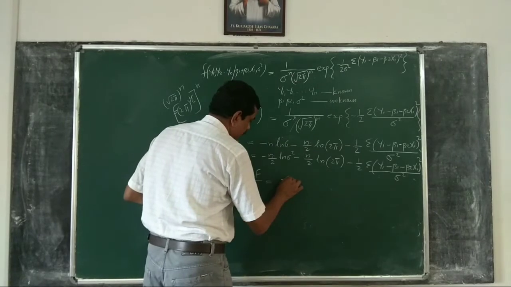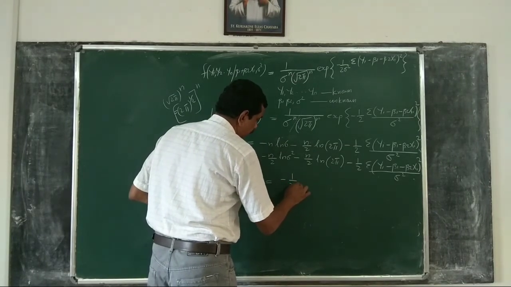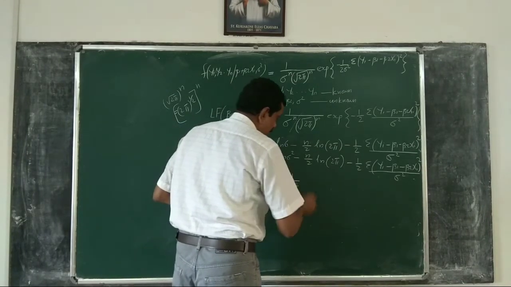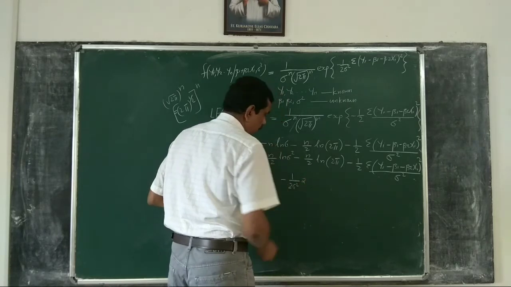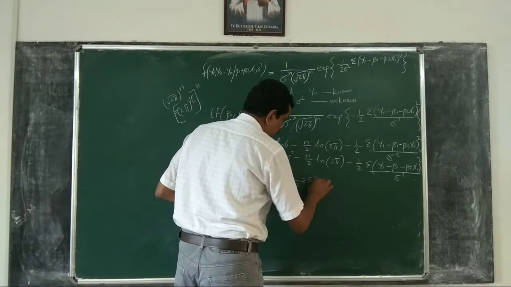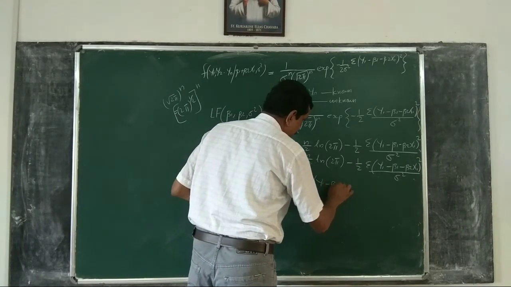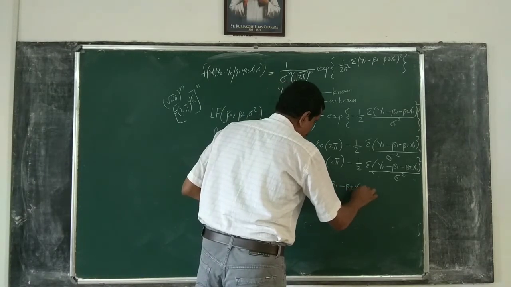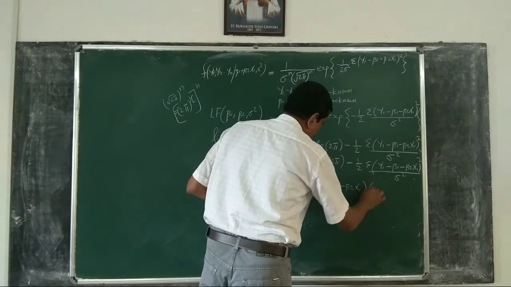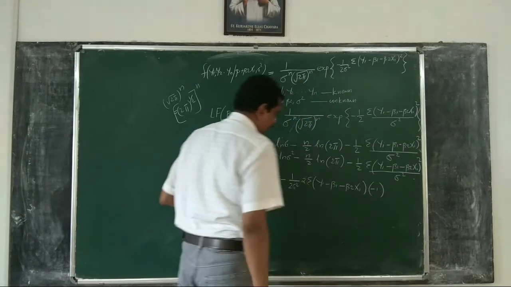So minus 1 by 2 sigma square into 2 sum of yi minus beta 1 minus beta 2 xi into minus 1.